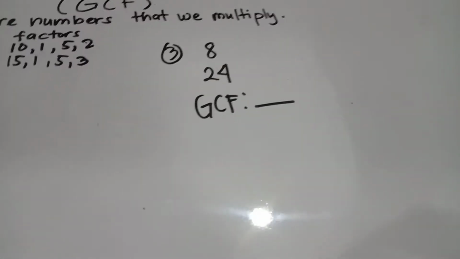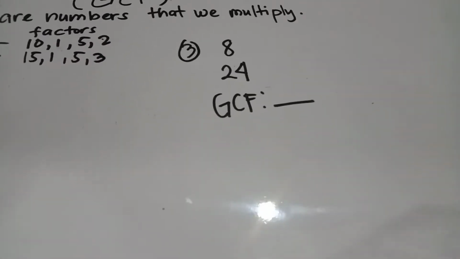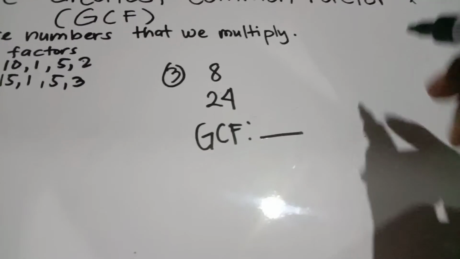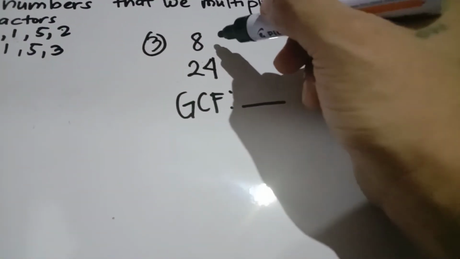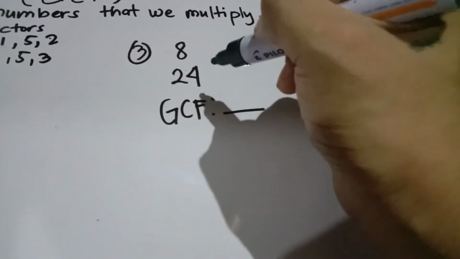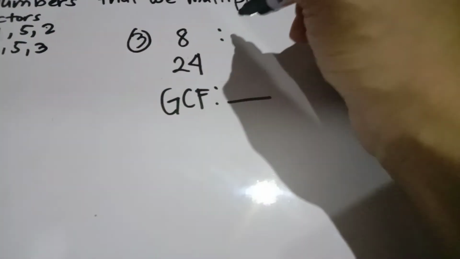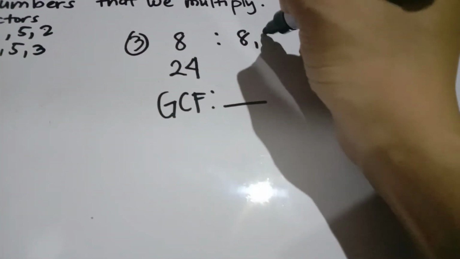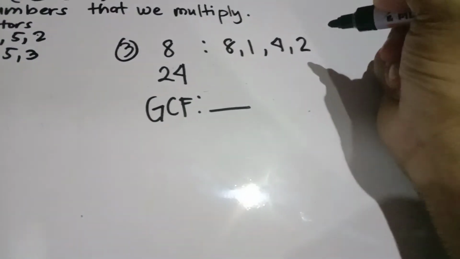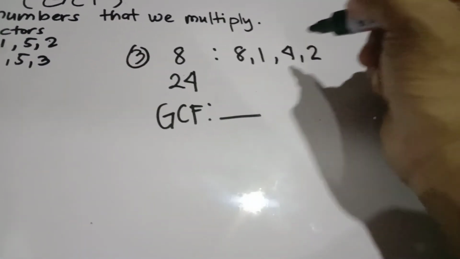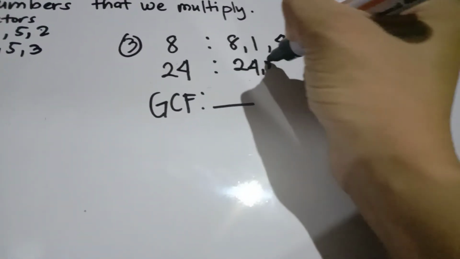So unang step, the first step to do in finding the greatest common factor is, list down all the factors of 8, and list down all the factors of 24. So let's start with 8. What are the factors of 8? We have 8 and 1, 4 and 2.